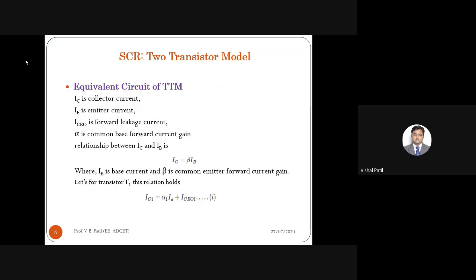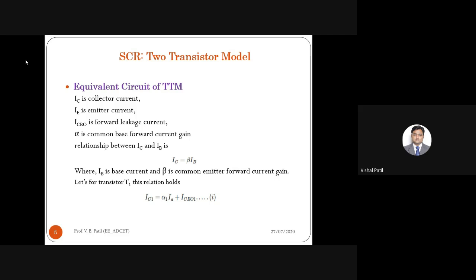Okay, for a transistor you can write the collector current is equal to beta into IB, where beta is the common emitter forward current gain and alpha is the common base forward current gain. For the first transistor, you can write IC1 is equal to alpha 1 IA plus ICBO1. What is ICBO1?